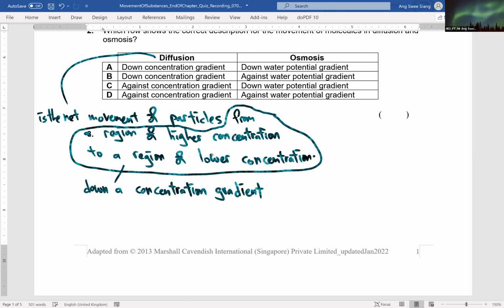Then for osmosis, we are interested in water molecules only.